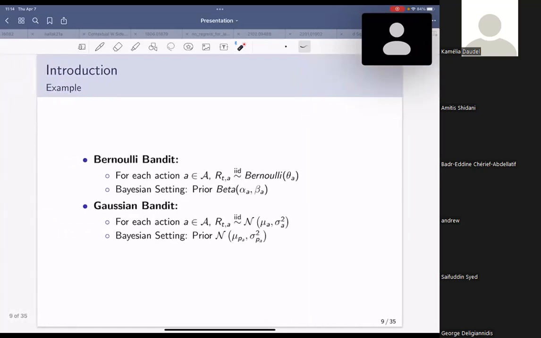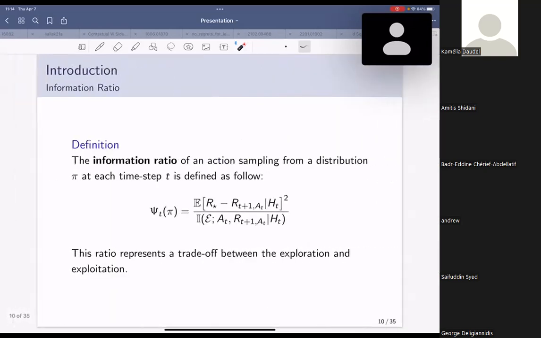Before going to the main paper, we just need one more definition, which we call the information ratio.